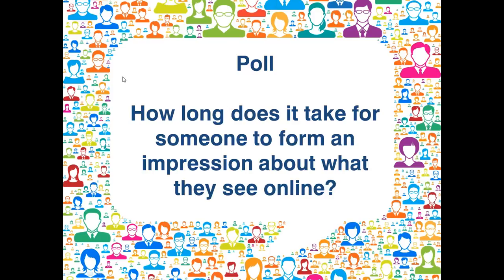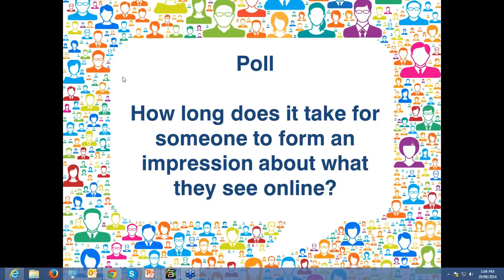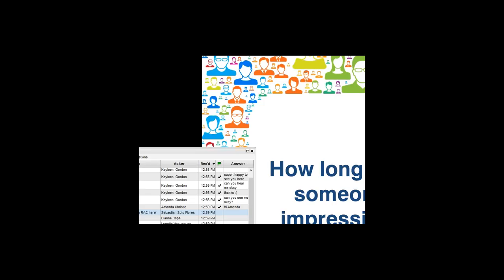Okay, we're going to run a quick poll, and I'm going to open up the poll screen, but everything we do is so visual. How long does it take for someone to form an impression about what they see online? So I'm going to open up a poll, so just bear with me for a second, and I'll launch this poll. So it should appear up on your screen any moment.